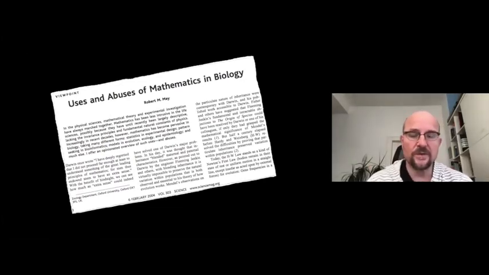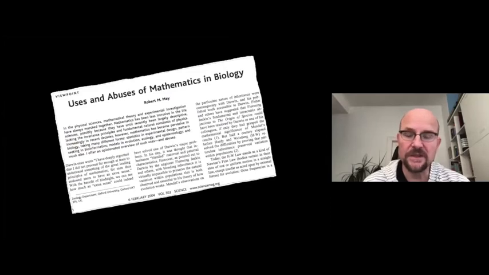And I'm not the only one who thinks this. There's also a quite old paper by Bob May, who used to be a pioneer in mathematical and computational epidemiology, among other things. He also had countless high impact papers about ecological networks and other things, or chaotic dynamics.